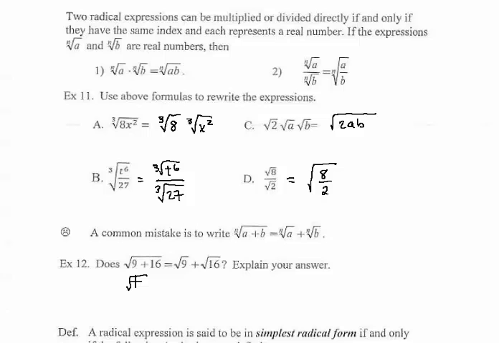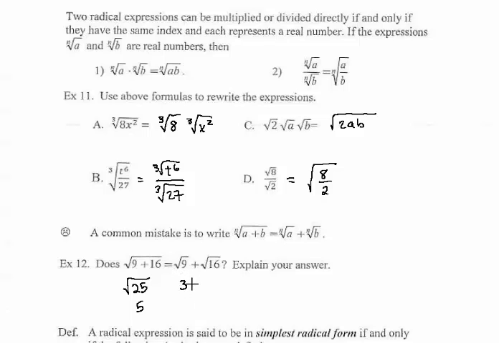So if we add 9 and 16 inside the radical, we will get the square root of 25. Well, we already know that's 5. If we try to separate the sum into two separate radicals, we have the square root of 9 plus the square root of 16.